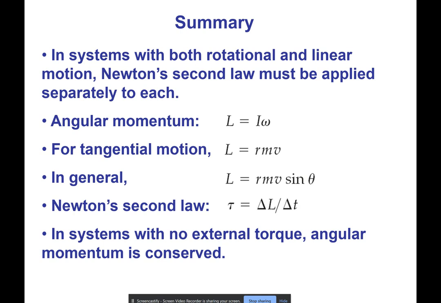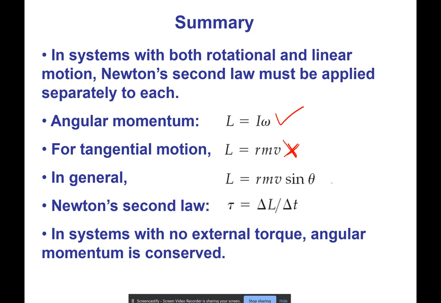Getting into your angular momentum. This formula is on your formula chart. It's 1, 2, 3, 4, 5, 6, so it's 6 from the bottom on the big list. This one is not, but it's just using the linear momentum: mass and velocity, multiplied by r.